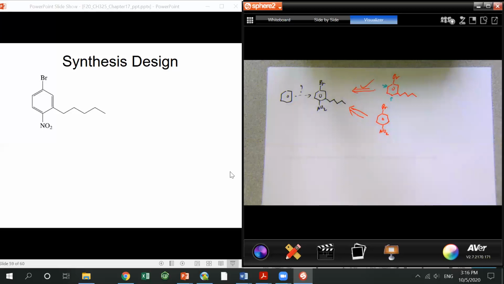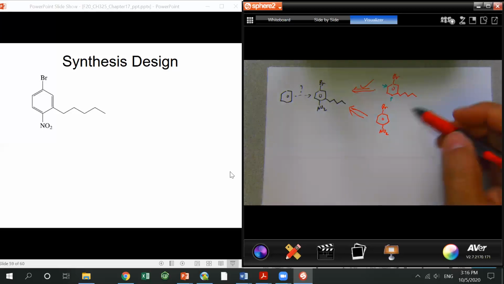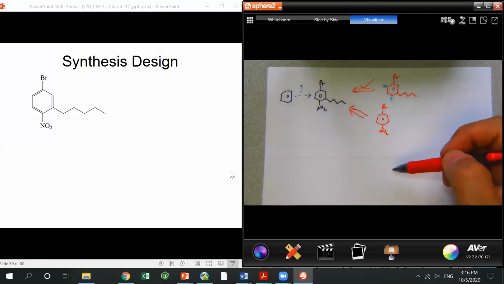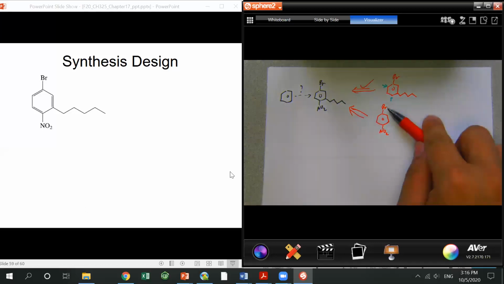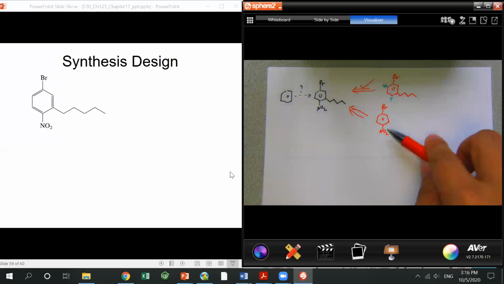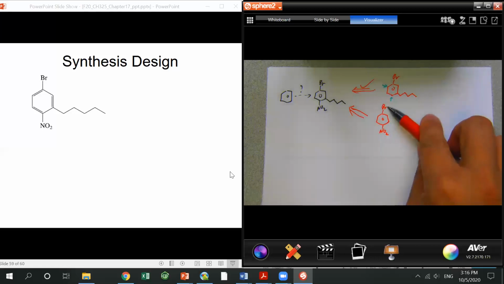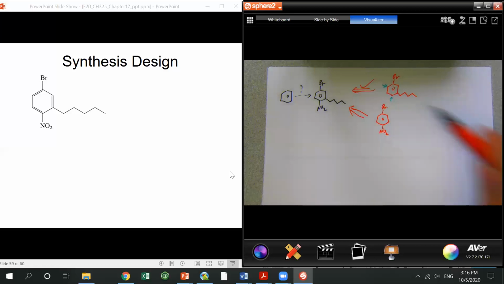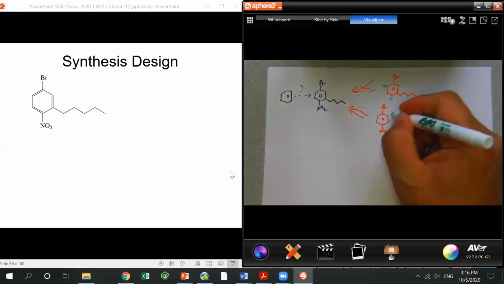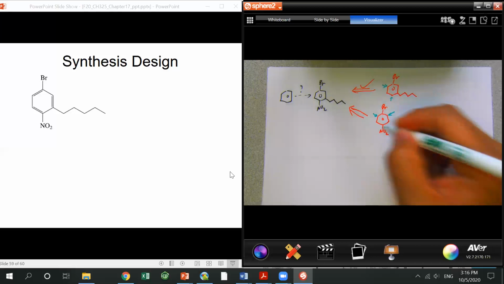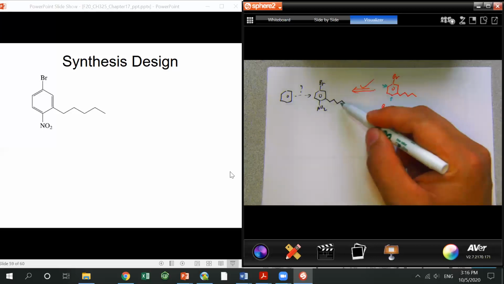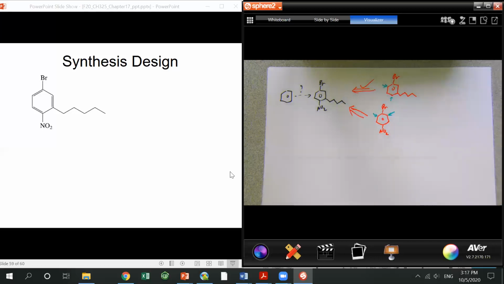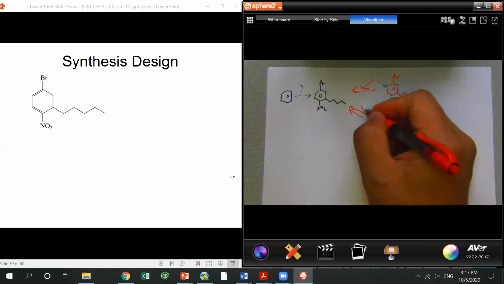The boss is the nitro group, because it's strongly deactivating, while bromine is weakly deactivating. The nitro group is a meta director, so the new substituent goes meta to it. But here you can see the R chain is on the para position, so this route doesn't work.